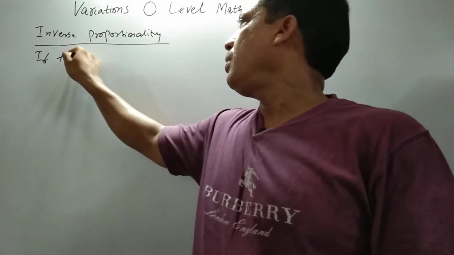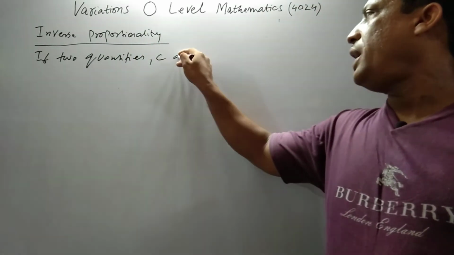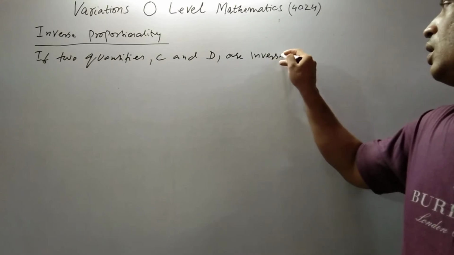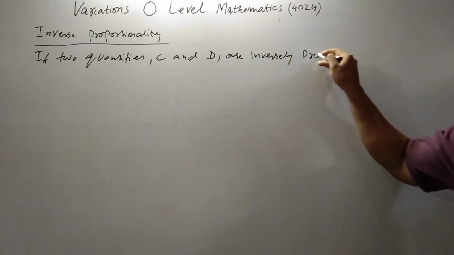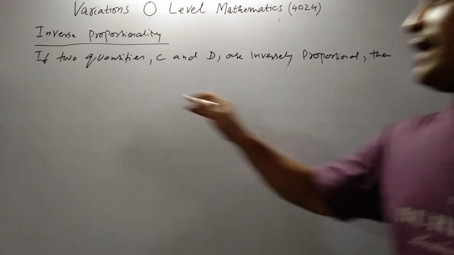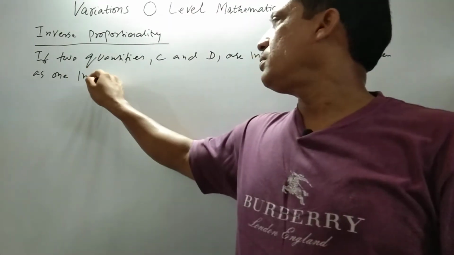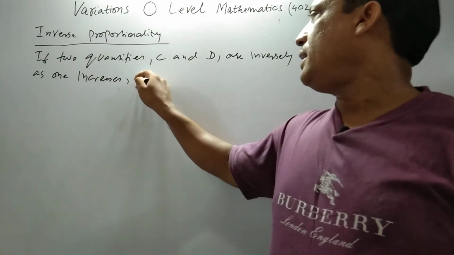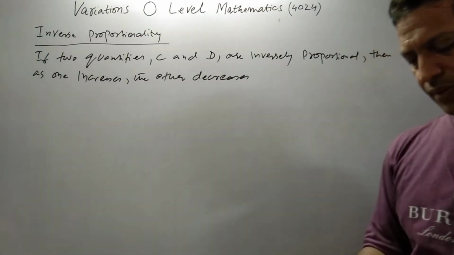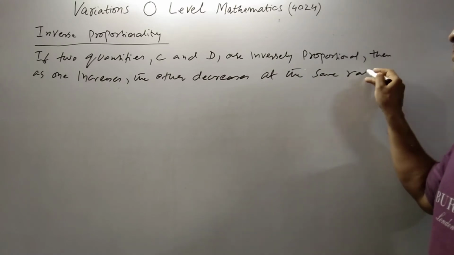If two quantities C and D are inversely proportional, then as one increases, the other decreases at the same rate. At the same rate.